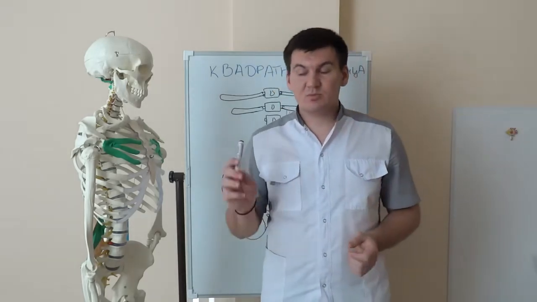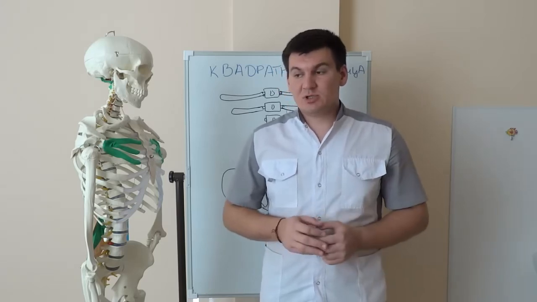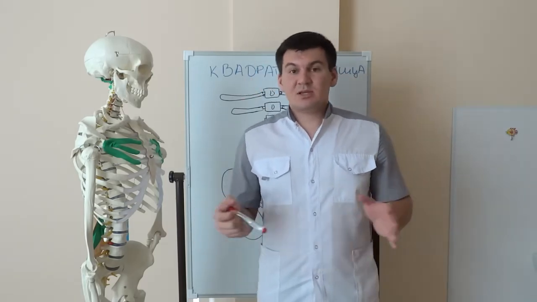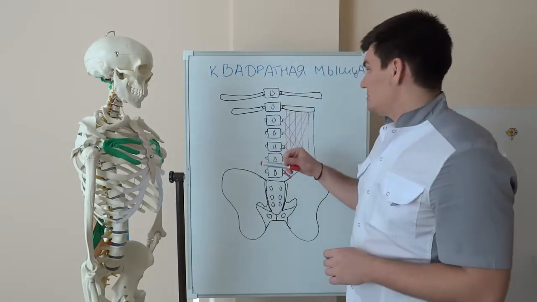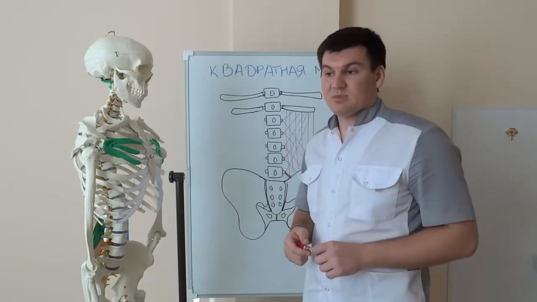If this doesn't happen, it will shorten. This is one of the common reasons why the rectus abdominis muscle shortens. These are the most common reasons due to which weakness or shortening of the rectus abdominis muscle develops.